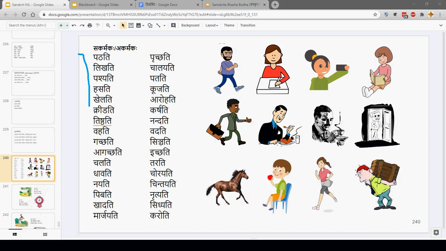But in Sanskritam it is just like enjoying. Khelati is enjoying, so he's just having fun. The same with the next one, kridati. Kridati means he is playful, he's having joy.